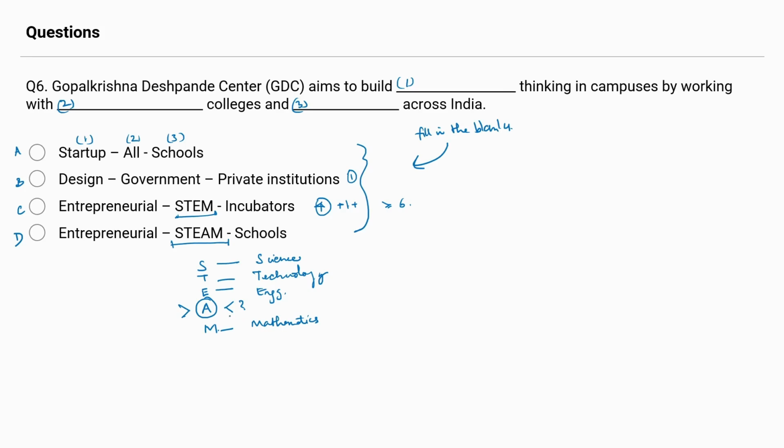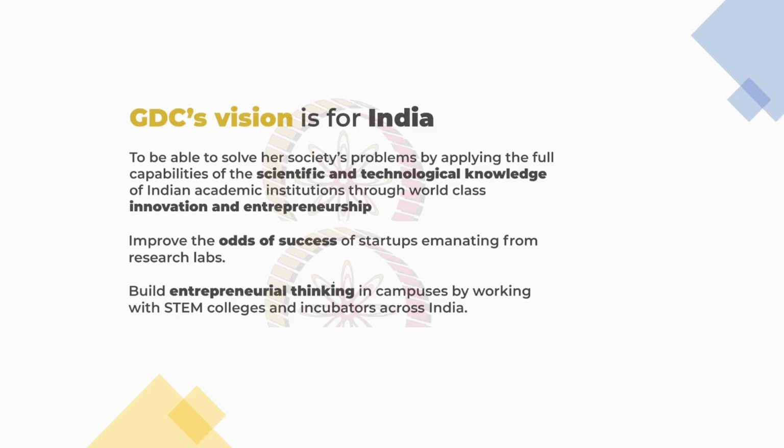All right. So take it as homework. You have to figure out what A is. STEM people have correctly mentioned. Okay. So let's see what is the correct response to the question.